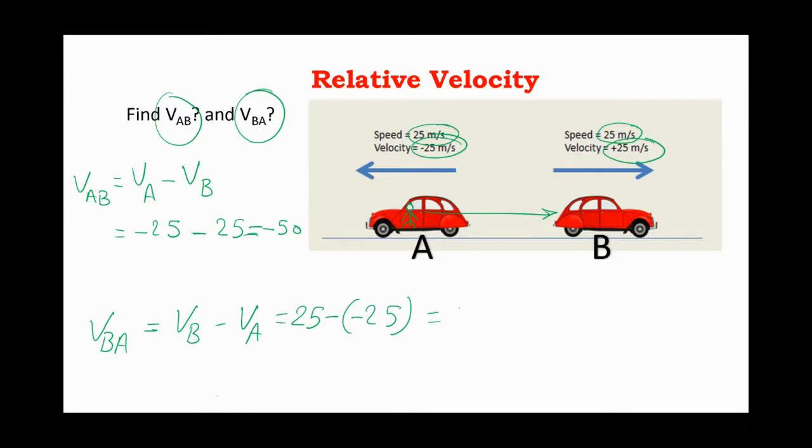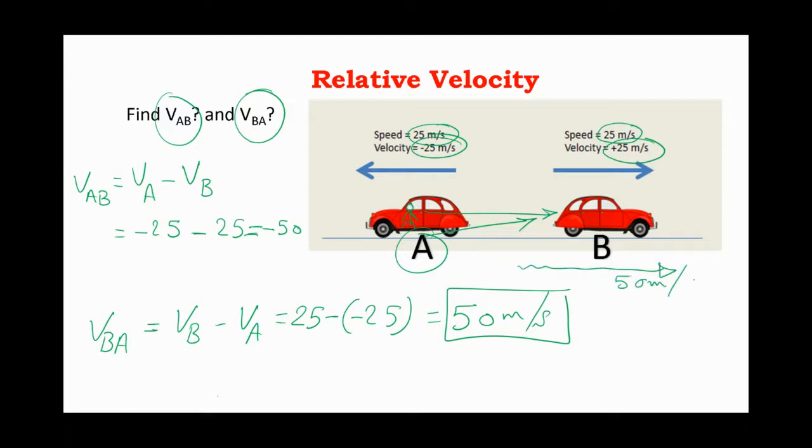So the result will be 50 meters per second. What does it mean here, 50? It's 50 to the right. So when A is looking at B, he will feel like B is moving to the right at 50 meters per second. That's his feeling. This is what we call relative velocity.